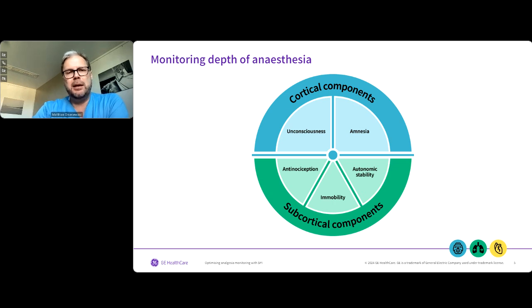However, I think that when we do our anesthesia practice every day, we are using more than hypnotics influencing unconsciousness and amnesia. However, we are not yet able or used to monitor all of the pharmacodynamic drugs that we use. So we have subcortical components, also important and very interesting to monitor our anesthetics during the anesthesia practice.